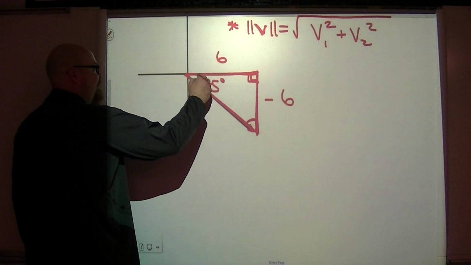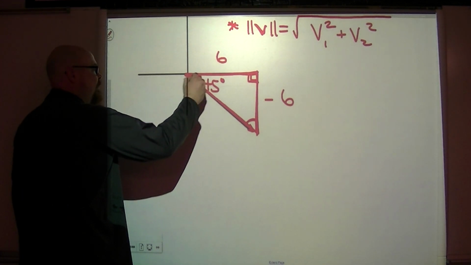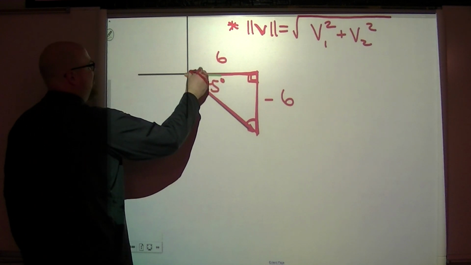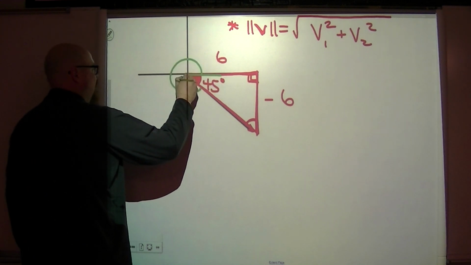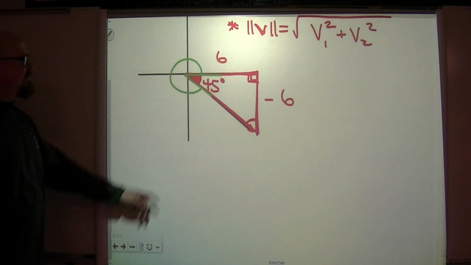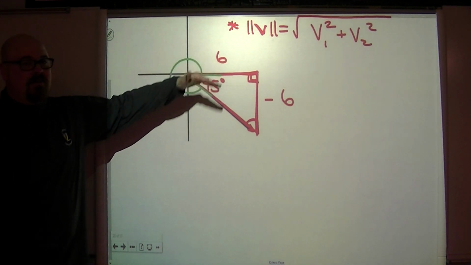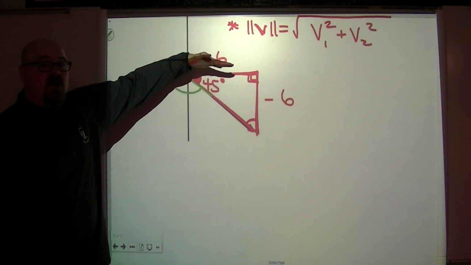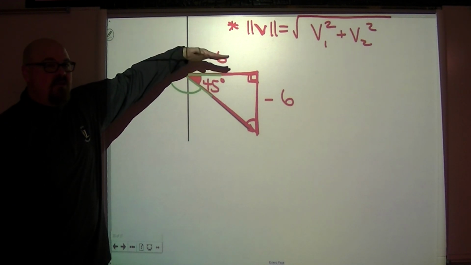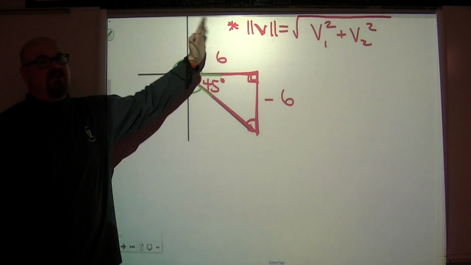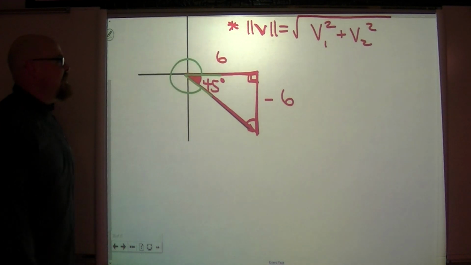So wouldn't you know, we just found something extremely valuable for the direction angle of this vector. If we know that this piece is 45 degrees, then the direction angle, which goes from here all the way over to here, is 45 degrees short of that full 360. I'm going to say that again. Direction angle always has to be measured from your positive x-axis, and we swing in this direction. This is counterclockwise, standard position.